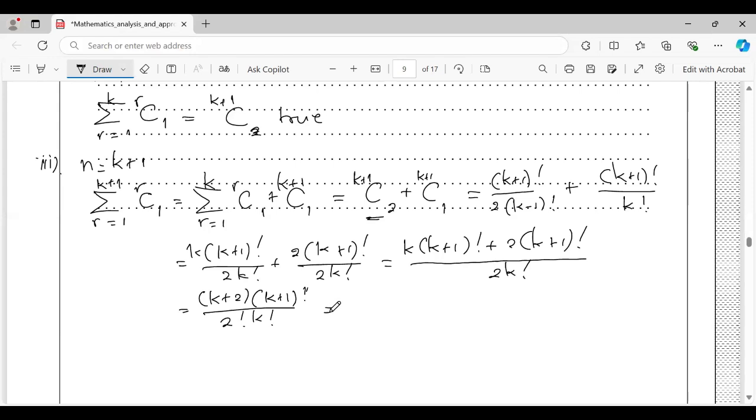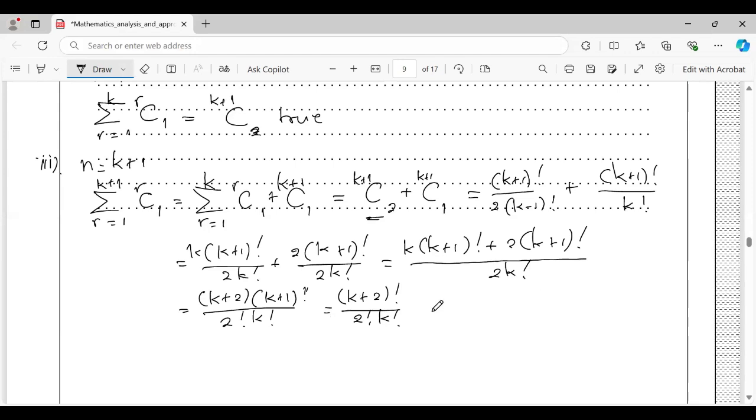So it's going to be k plus 2 factorial over 2 factorial, k factorial. K plus 2 factorial is k plus 2 times k plus 1.